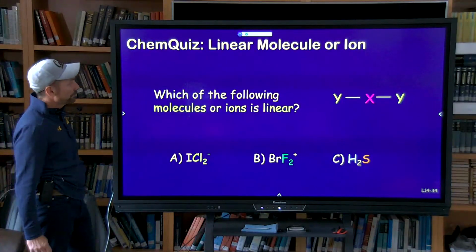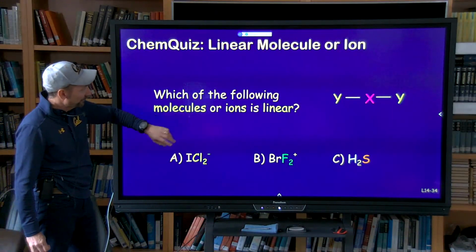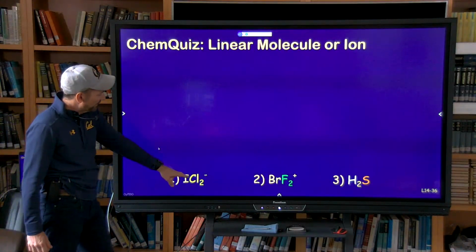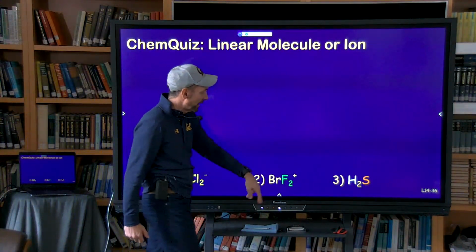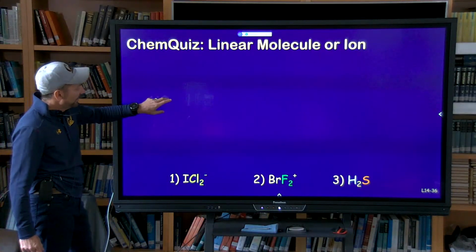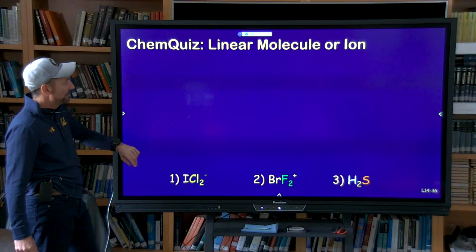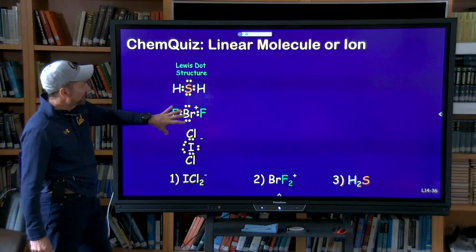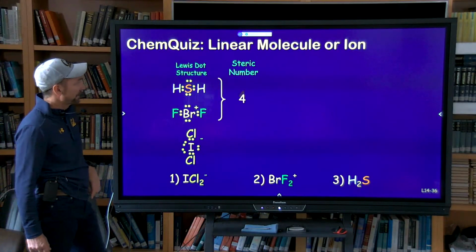So you could have answered A, B, or C there and been right. Which of the following molecules or ions is linear? We'll talk through this one together. Here are our choices: ICl2 minus, BrF2 plus, or hydrogen sulfide, H2S. I can draw the Lewis dot structures, and when I do, I count a steric number.